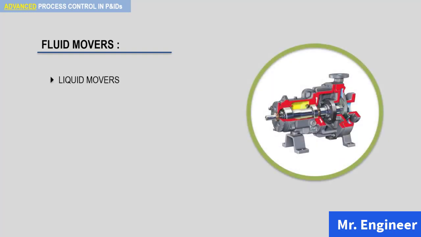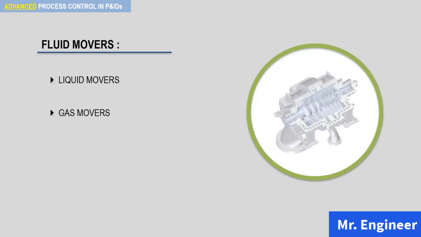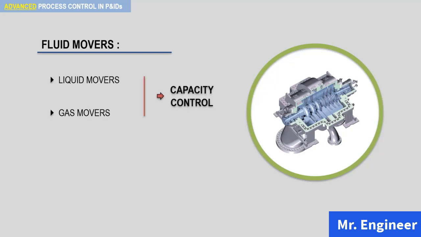There are two main classes of fluid movers: liquid movers, such as centrifugal pumps, and gas movers, such as compressors. The common control component for all fluid movers is capacity control. Capacity control means controlling the flow rate generated by the fluid mover.